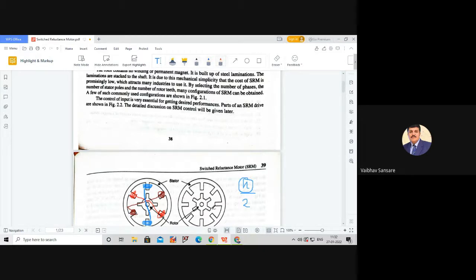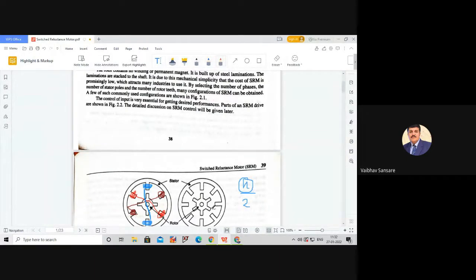So all these steel laminations for the rotor are stacked on the shaft and there will be formation of an entire rotor structure. When we look at the construction of this rotor for SRM, it is a very simple structure.